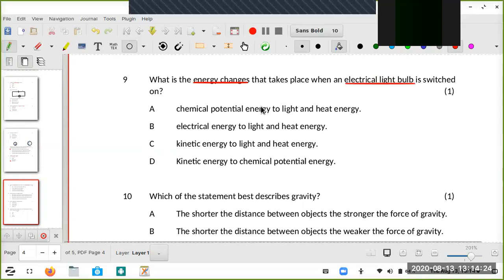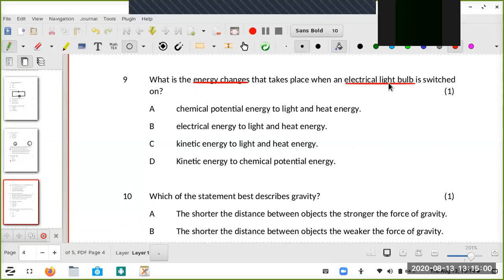Chemical potential energy. In the statement, we are not told the source of electricity. It could be connected to a cell, or it could be connected onto the mains for AC, alternating current.